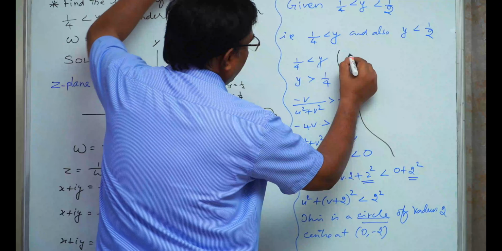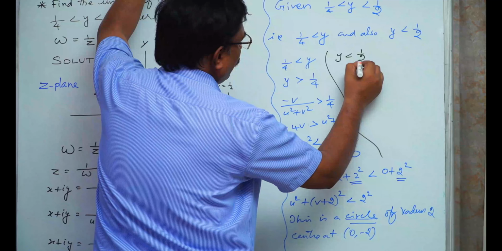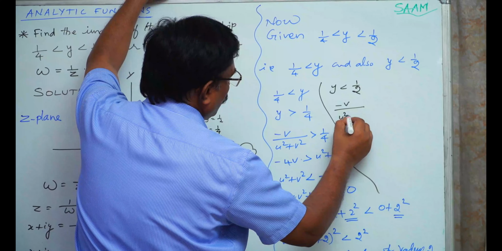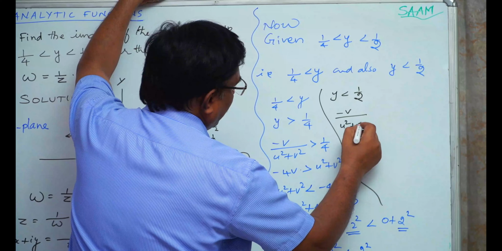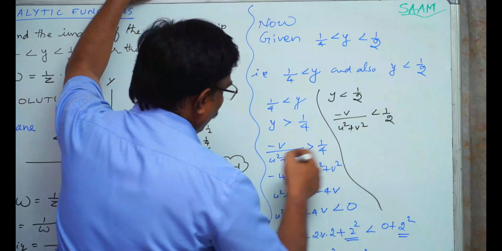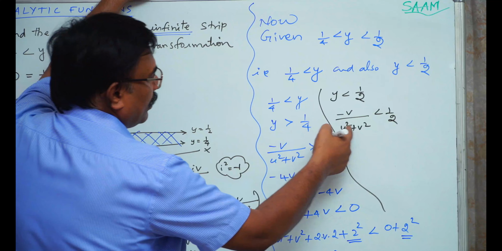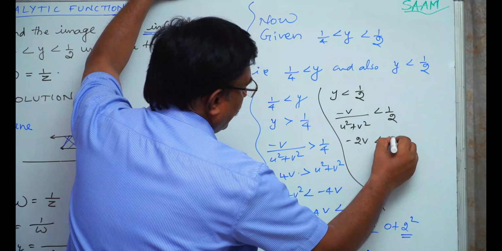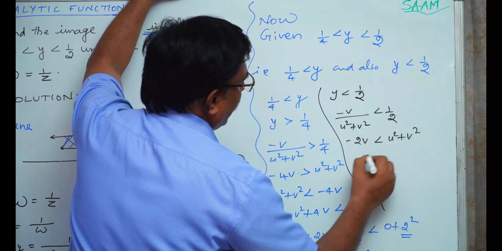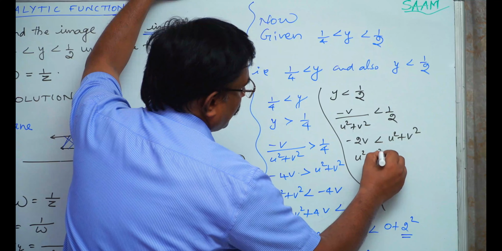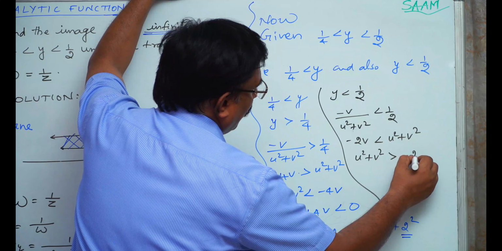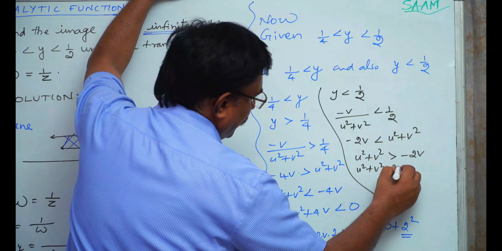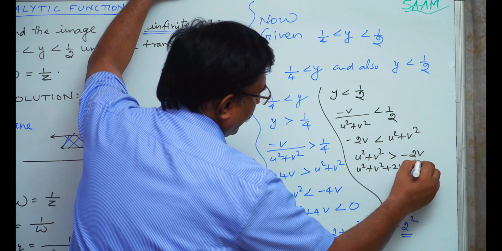Then one more result. y < 1/2 is given. y = -v/(u² + v²) < 1/2. So -2v < u² + v², or u² + v² > -2v, so u² + v² + 2v > 0.